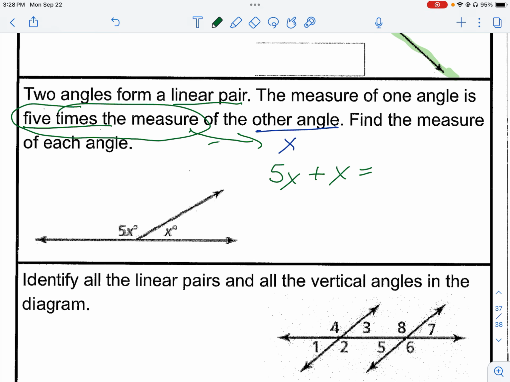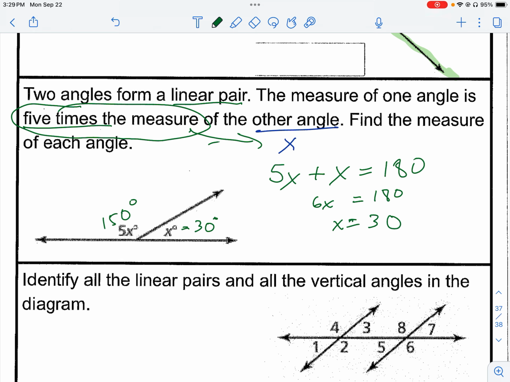And they're a linear pair, so they're supplementary, so it's going to be 5x plus x equals 180 degrees. Combine like terms, divide by 6, and x equals 30 degrees. So this angle down here equals 30. The other one is 5 times 30, or 150 degrees.